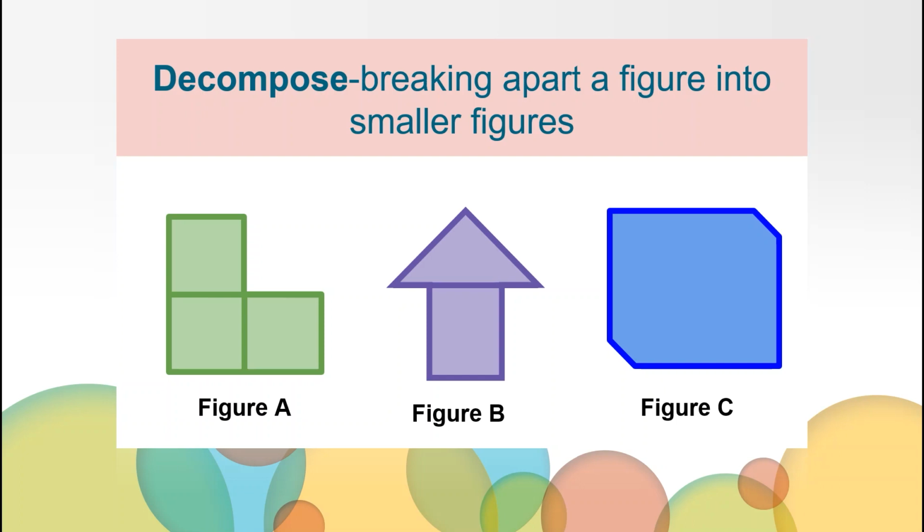And finally, let's look at figure C. This one looks like we may need to split it into more than 2 figures to help find the area. How might you decompose this figure?